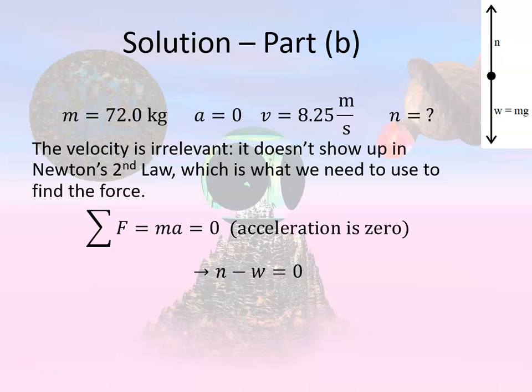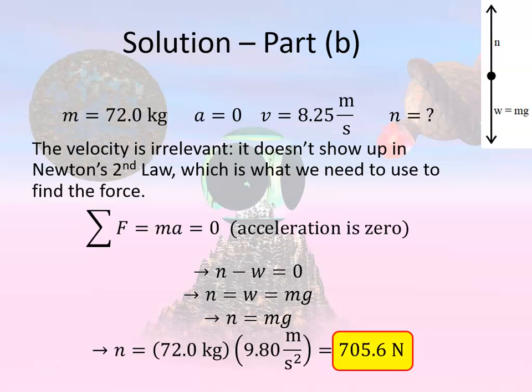I hope not, because when you're sitting in your chair, that's constant velocity. So I hope the normal force from the chair isn't 0. Otherwise you'd be falling. So the total force is 0. But the total force is N minus W, or N equals W. But W equals mg, so plug in, and in this case you get the scale's reading of 706 newtons. That's your normal weight. When elevators are going at constant velocity, you feel normal.